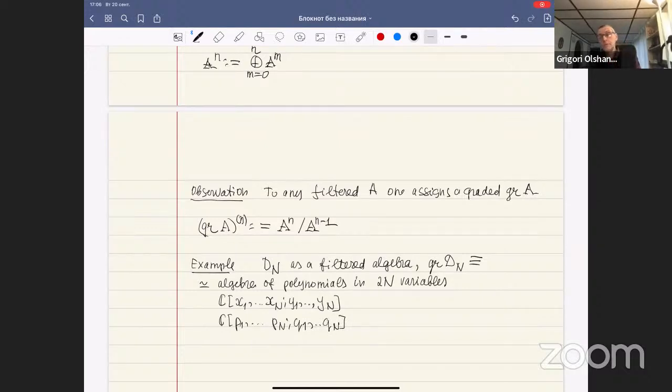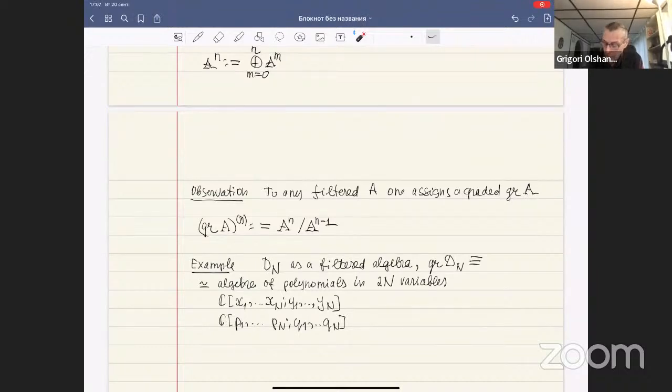The idea is that, by the very definition of our algebra, two generators commute modulo terms of smaller degree. This means that the associated graded algebra is commutative.